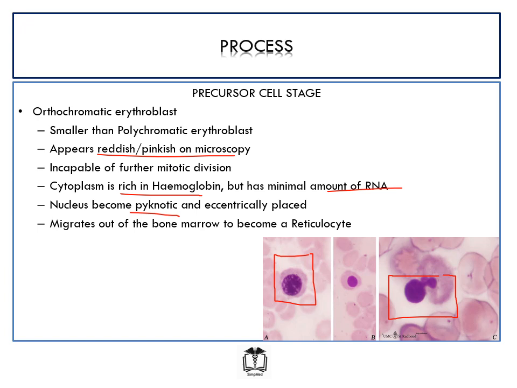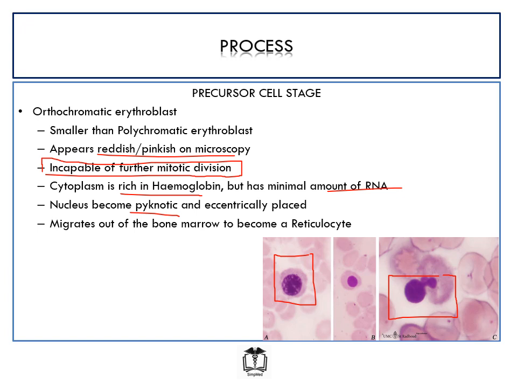For this reason, we usually see the orthochromatic erythroblast is incapable of undergoing further mitotic division, because for mitosis to occur, we need the nucleus of the cell to undergo DNA replication and cell division.